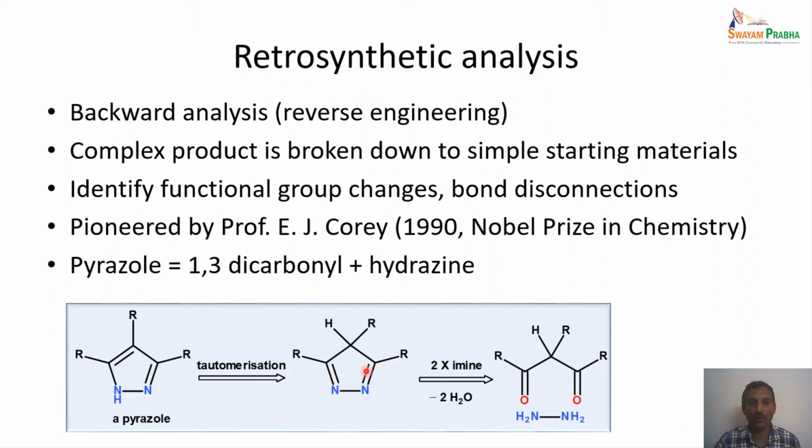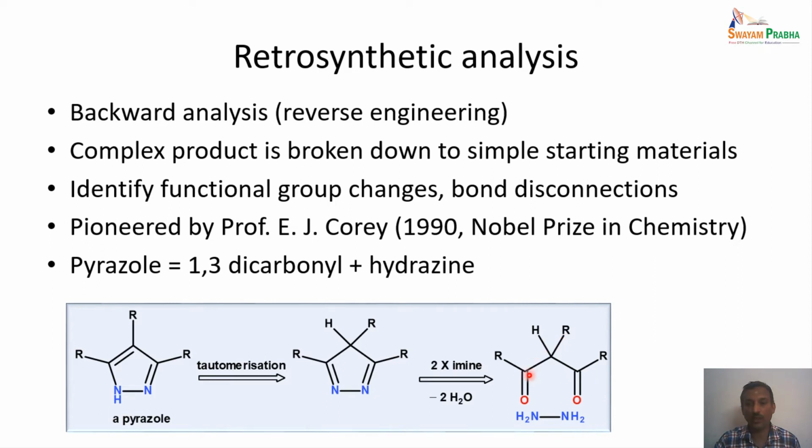This double bond can be broken down, and we can have carbonyl units there. And these two nitrogens can come from hydrazine as shown here.